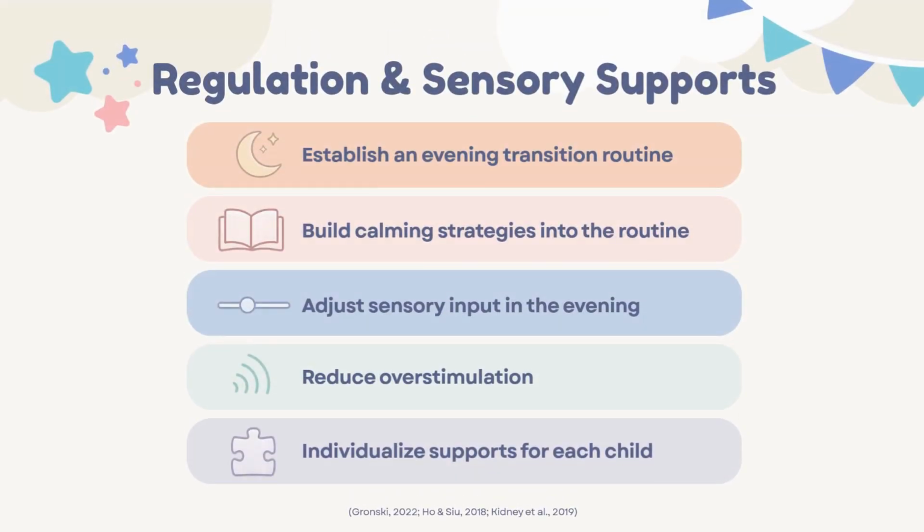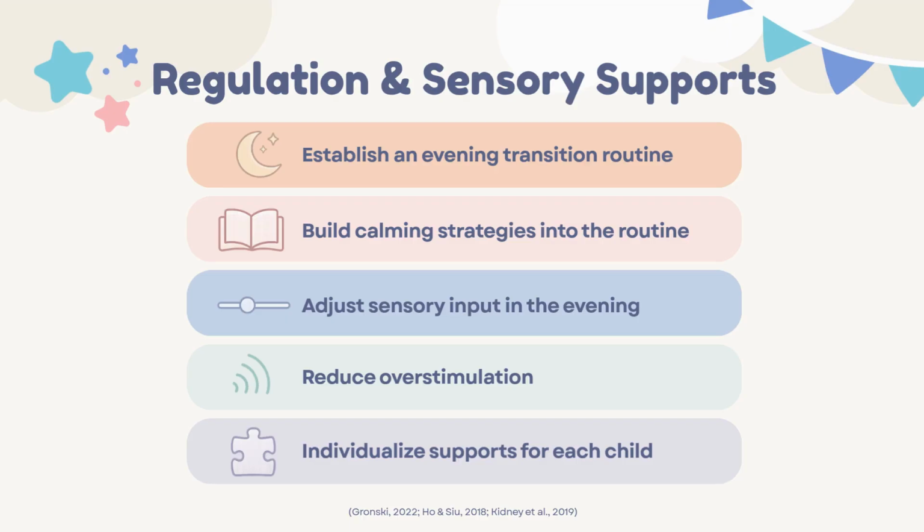In some cases, regulation becomes the central focus. When regulation is part of the picture, we take a closer look at how the evening is structured. Research shows that having a consistent evening routine is important and that predictability can help the body begin to settle and prepare for sleep. Calming activities can be built into that routine. What feels calming will look different for each child.